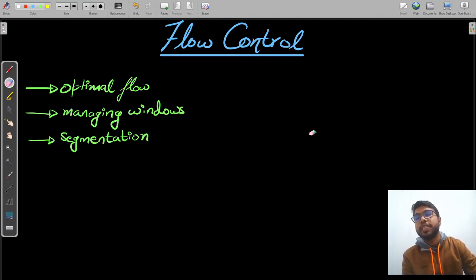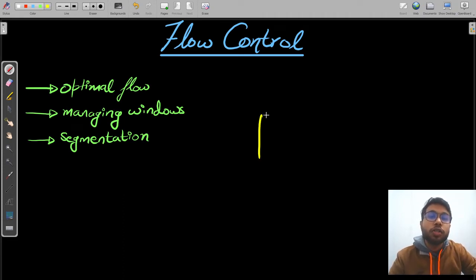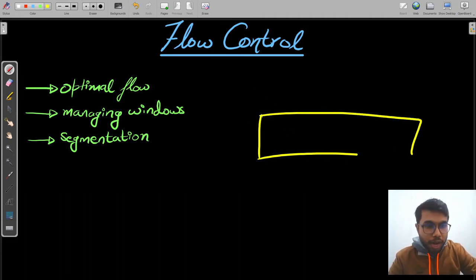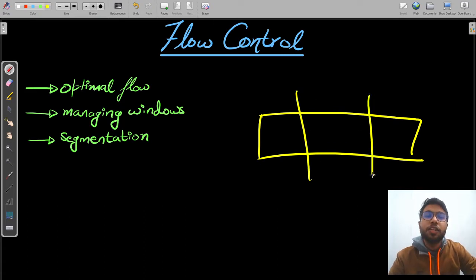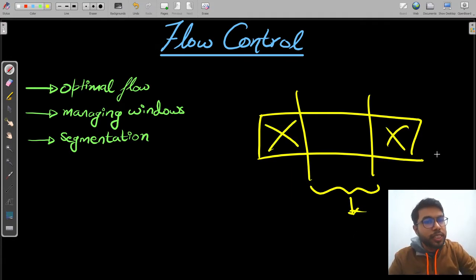This is basically done using your windows. We talked about windows a little bit before. Let's talk about it a little more now. So you had a buffer, and in your buffer you had a window. I said the window is what is to be taken into consideration. So for right now my eyes do not see this, my eyes do not see this. What they see is only this. This is your window.